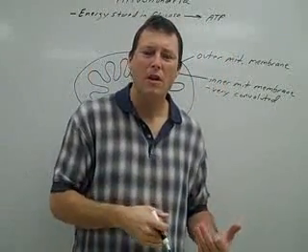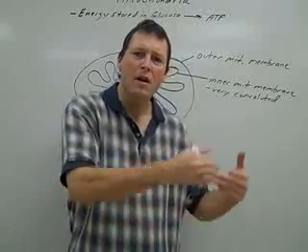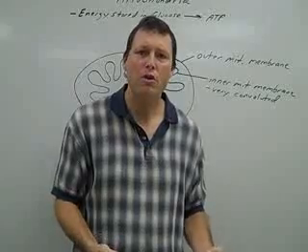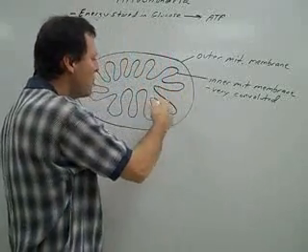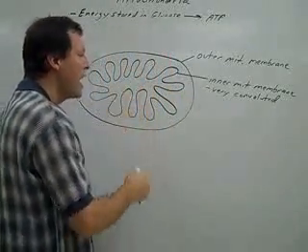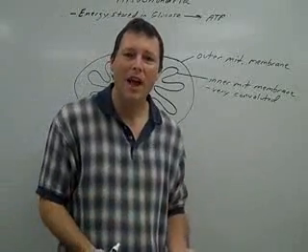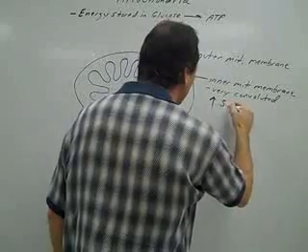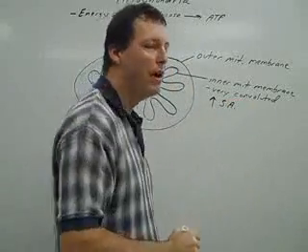We talked about form and function. A structure has to look the way it does in order to perform its function properly. This inner mitochondrial membrane has to look very convoluted. By being very convoluted, it has an extremely high surface area. And that's going to be very important.